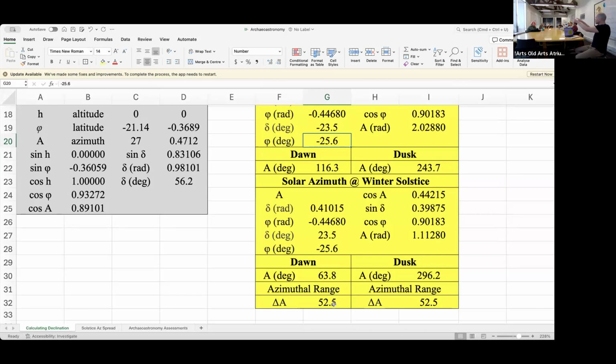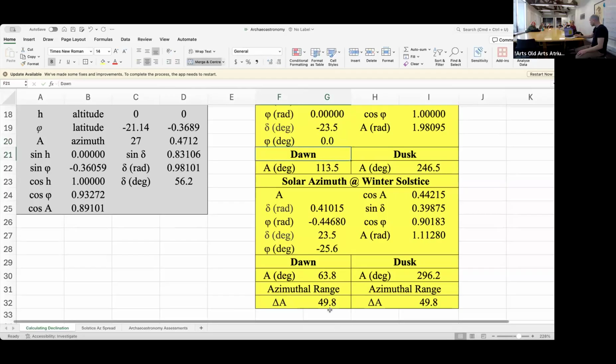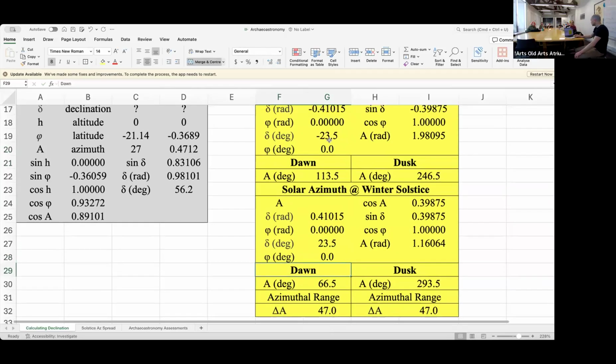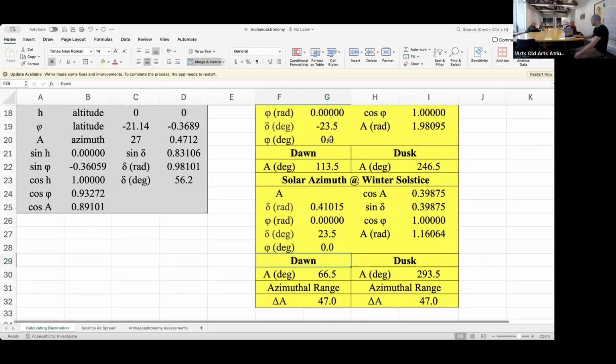As you get further away from the equator, that goes out. So let's try it. Let's put in 0. Now it shows the azimuthal range, that's dusk or dawn, doesn't matter. So we do this at winter solstice and summer solstice.